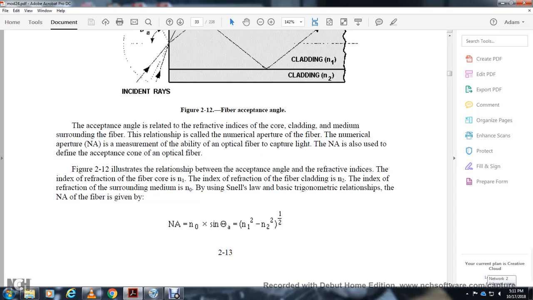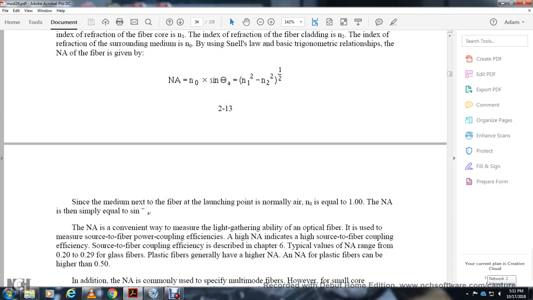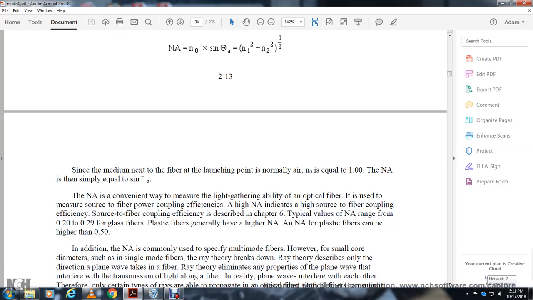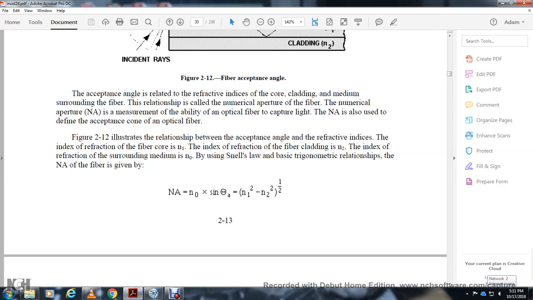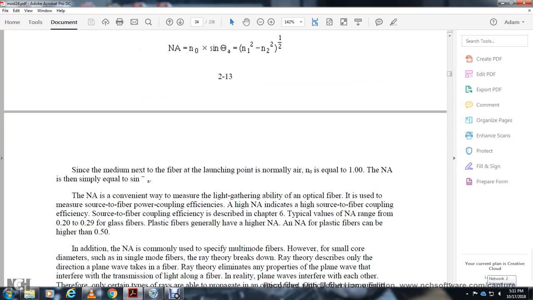The numerical aperture is equal to the index of the surrounding medium times the sine of the acceptance angle, which equals the square root of n1 squared minus n2 squared. For a fiber in air, the index of refraction of the surrounding medium is normally 1. So the numerical aperture is simply equal to the sine of theta. The numerical aperture is a convenient way to measure the light gathering ability of the optical fiber.